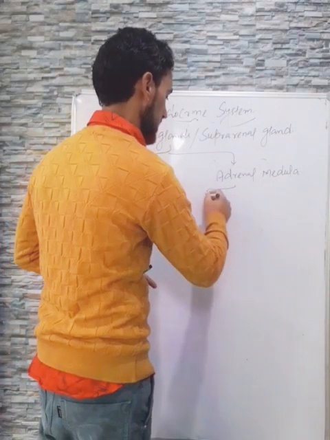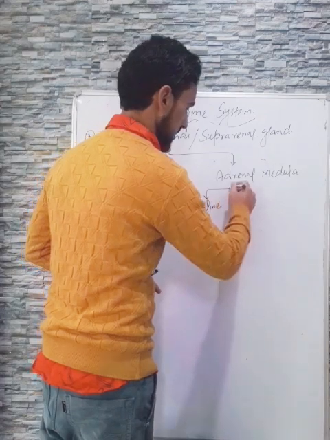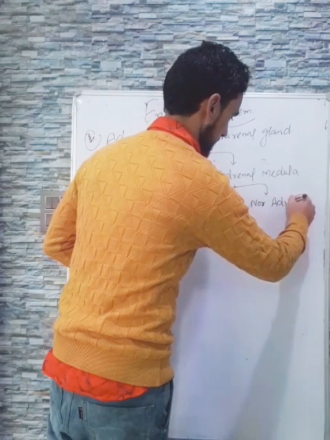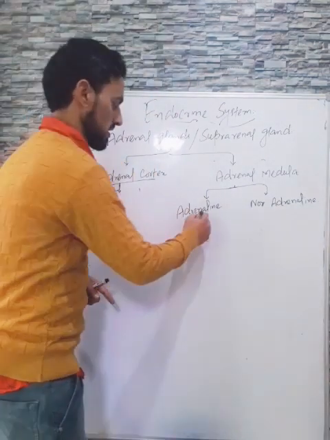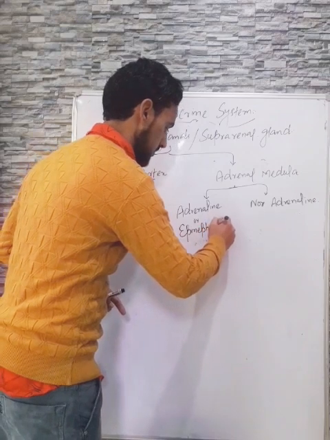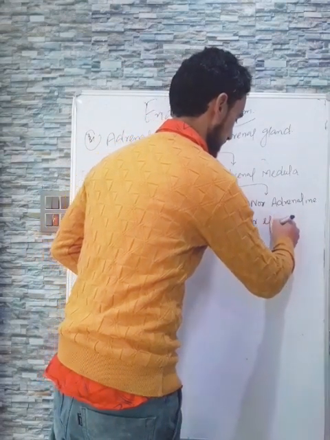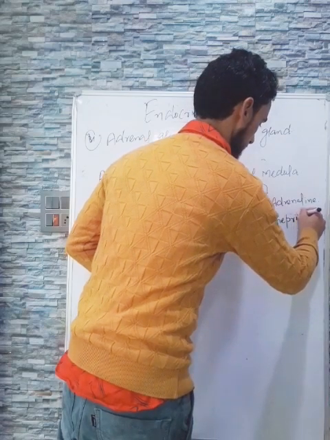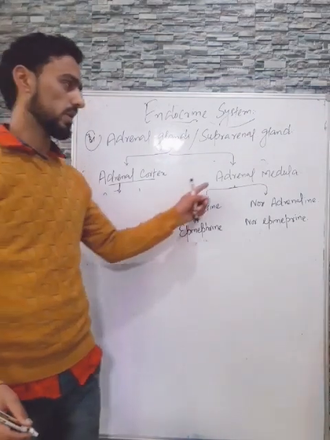The first one is known as adrenaline, also known as epinephrine. The next hormone is noradrenaline, also known as norepinephrine. These are the two hormones of the adrenal medulla.